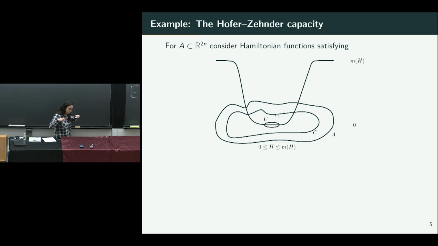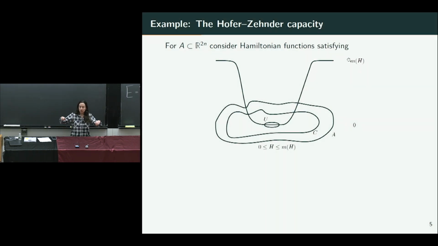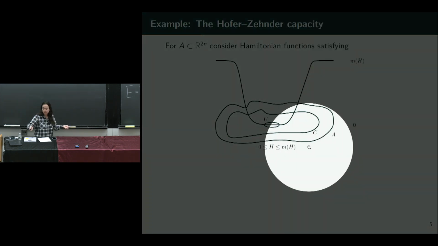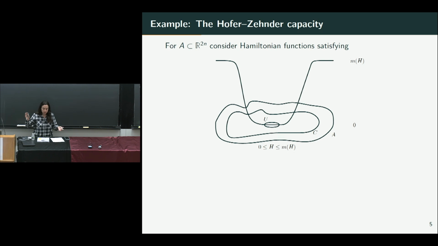And we want it to achieve its maximum, M of H, at a neighborhood of the boundary of our set A. Or in other words, outside of some compact subset in the drawing, C, we want the Hamiltonian to be constant and equal to the maximal value, M of H. And H is varying between these two values.